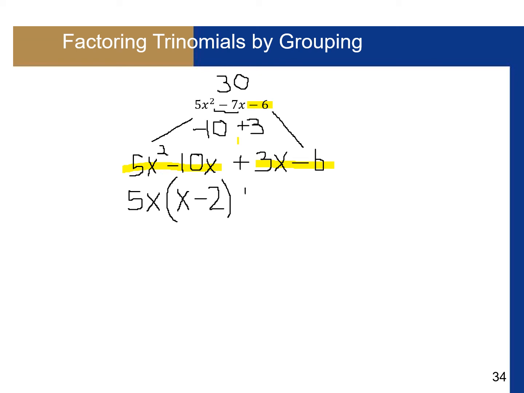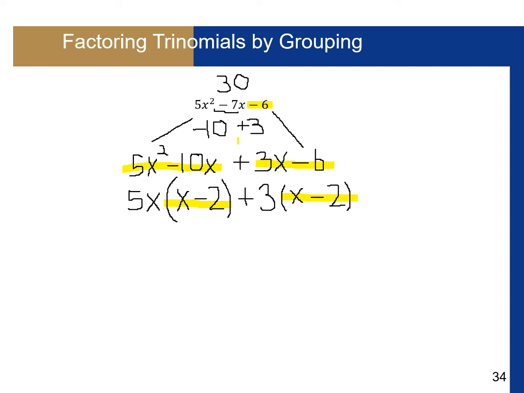And for the second part, I see that I have a 3. And if I factor 3 out, I have x minus 2. Now, once again, I go back and look and I say, oh, these are the same. That makes me very happy.